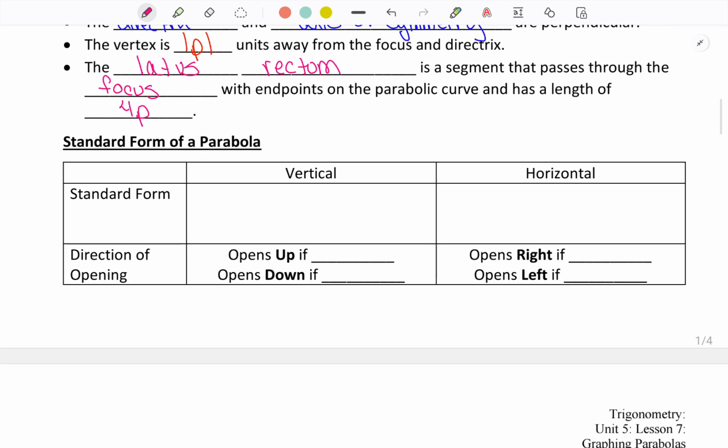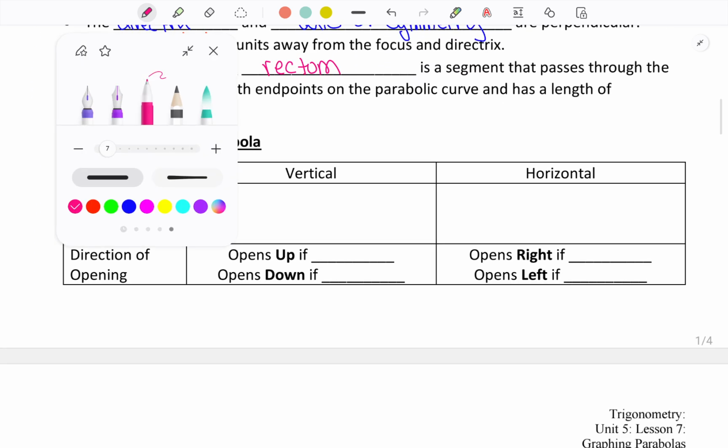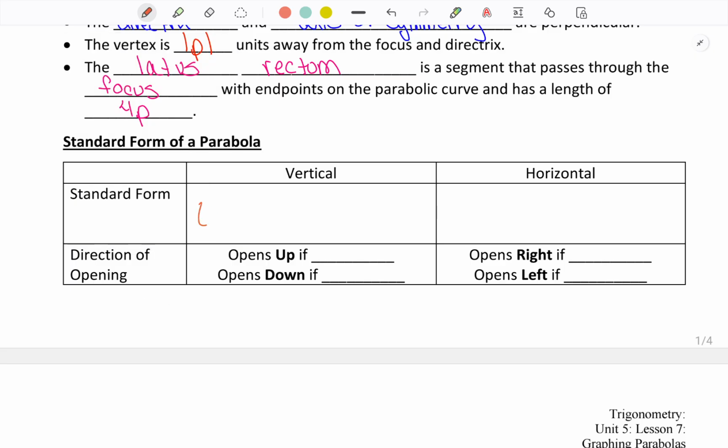So our standard form for a parabola. For our vertical parabola, that is going to be x minus h squared equals 4p times y minus k. And it opens up if p is greater than 0, and it's going to open down if p is less than 0.